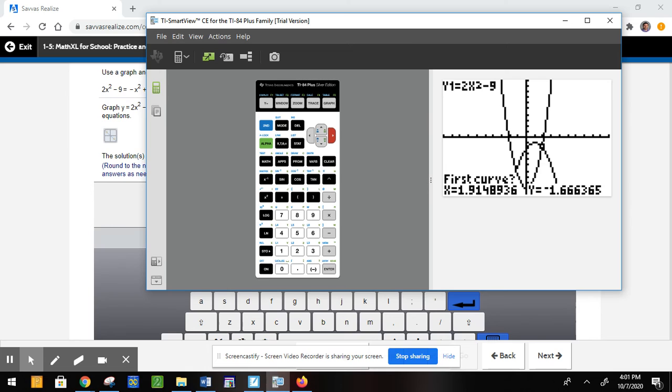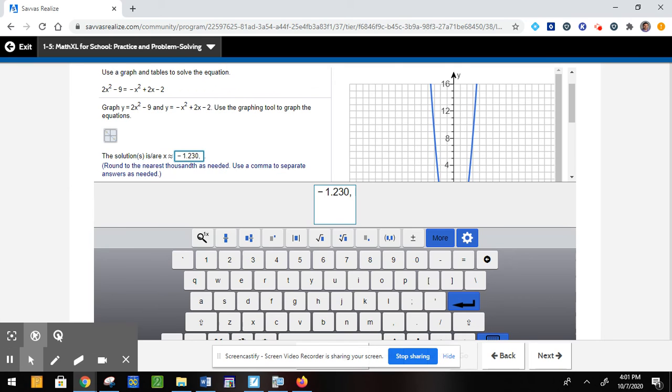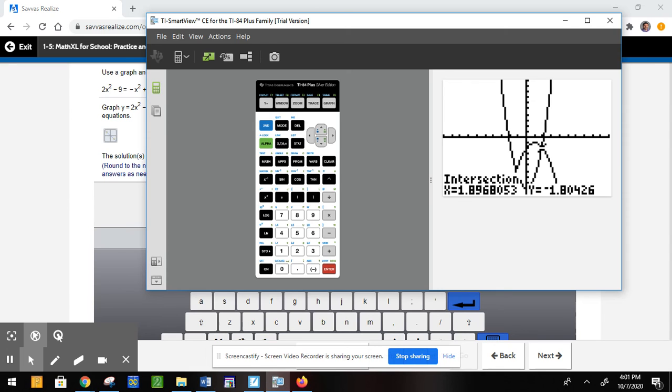Because there are 2 places it's intersecting, right? So you have to kind of guide the calculator into telling you which part you want to see. So we hit enter there, hit enter again, enter again, and the intersection point there is 1.89, and then it's 6 over 10 to 7, so 1.897.